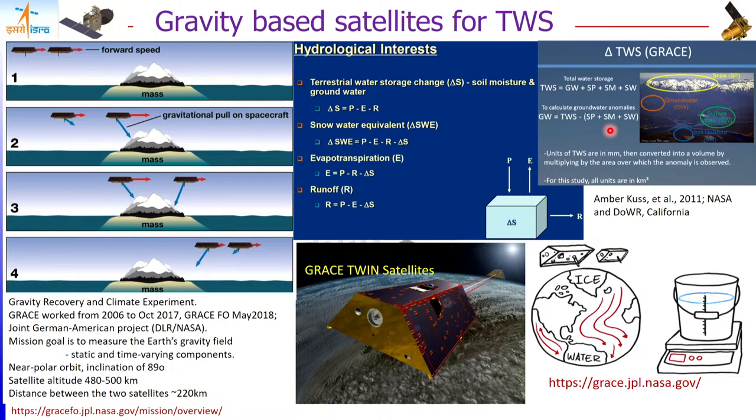Now when we do it at global scale, the resolution will be 100 kilometers or coarser. So once I know the total terrestrial water storage, I can infer the soil moisture, snow water equivalent, evapotranspiration, and runoff, depending upon what parameter I'm interested in.